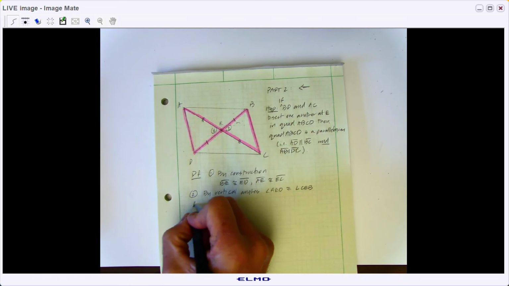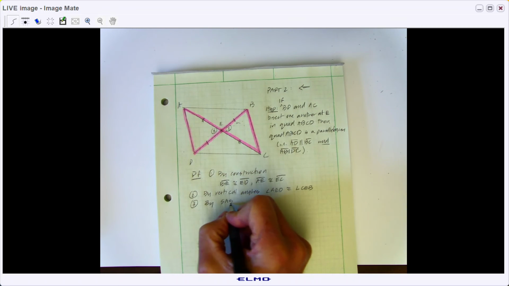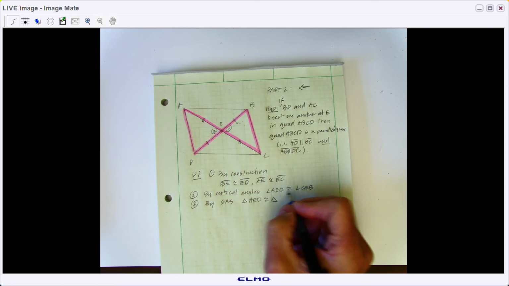So what does that give us? That gives us two congruent triangles by what? Side angle side, triangle AED congruent to triangle CEB.